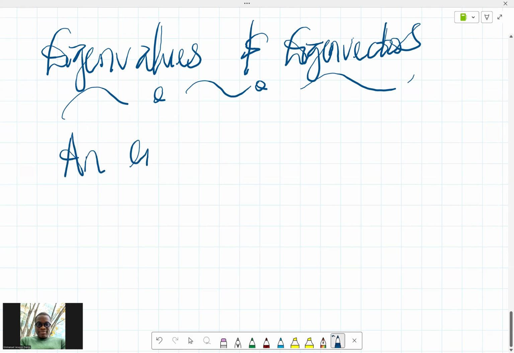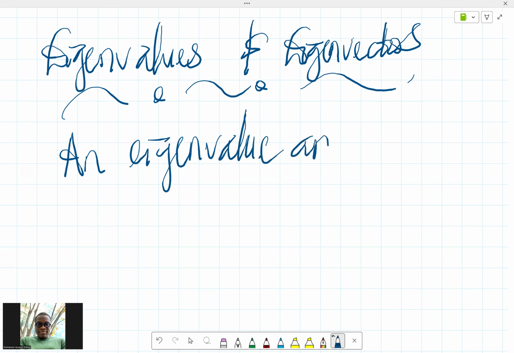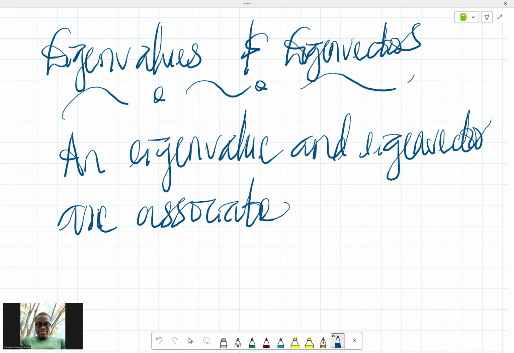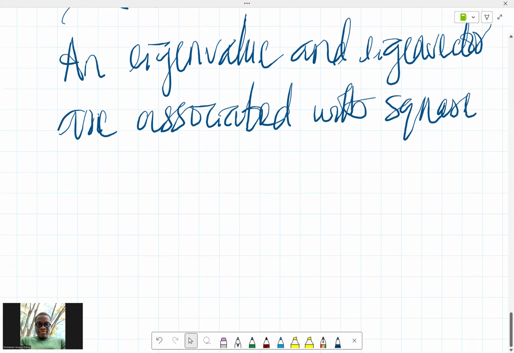We say that an eigenvalue and eigenvector are associated with square matrices. So you don't talk about eigenvalues or eigenvectors for matrices that are not square.